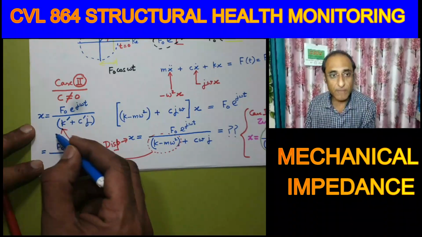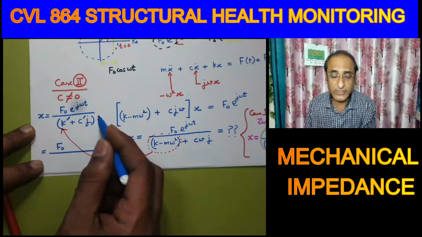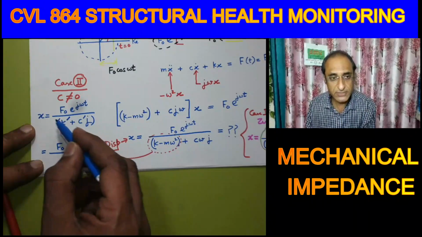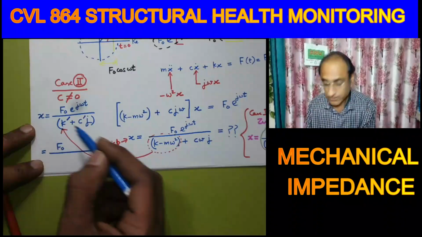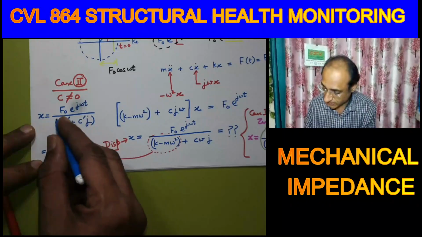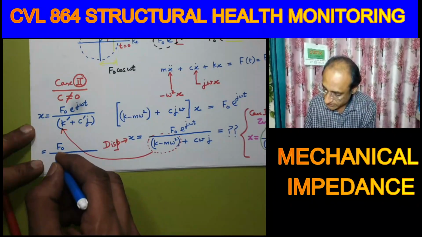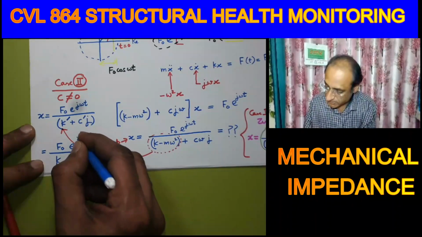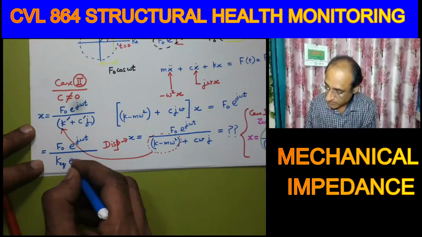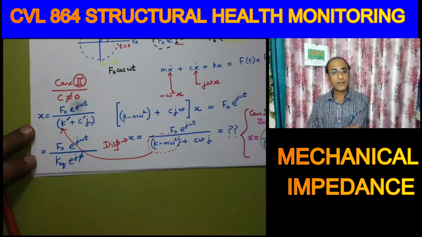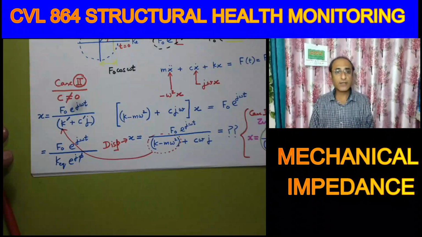This is like a complex stiffness, because when we see the dimensions, we are dividing force by something and getting a displacement as the result. Since it is a complex number, this can always be represented as k equivalent, with e to the power j omega t on the top and e to the power j phi in the denominator, right? We can always find the value which will match this.